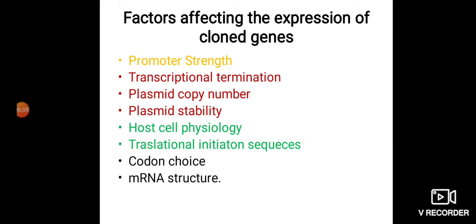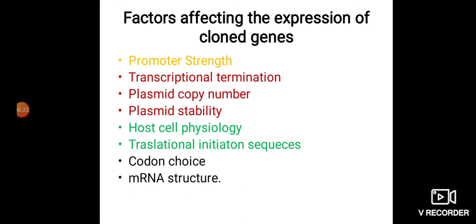The first one is promoter strength, then transcriptional termination, plasmid copy number, plasmid stability, host cell physiology, translational initiation sequences, then codon choice and mRNA structures. These are the components one needs to take care of whenever people want to express a particular protein in a prokaryotic or eukaryotic system.